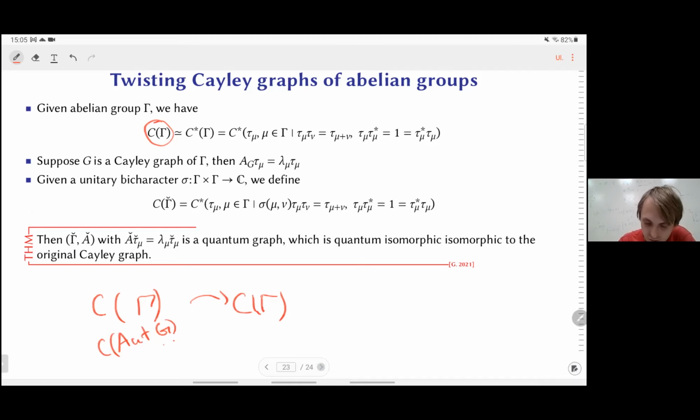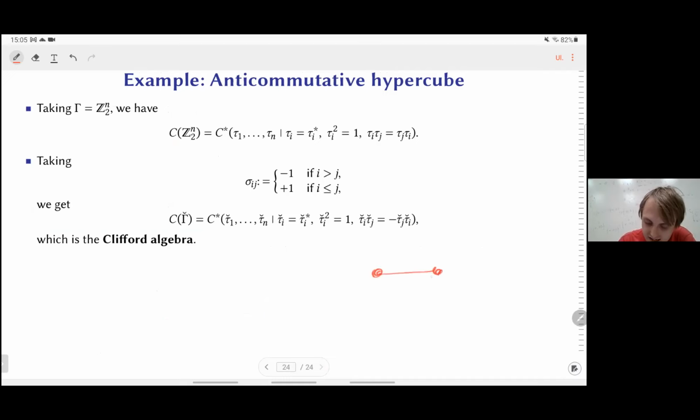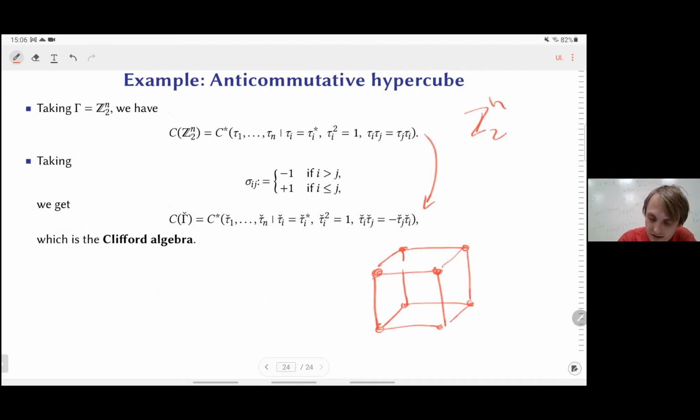So in particular, for instance, if you take the cube graph or the hypercube graph, it's already well known that if you do this twist, so a cube graph is a graph corresponding to the group Z2 to the power of n, or for a cube you have 3 here.